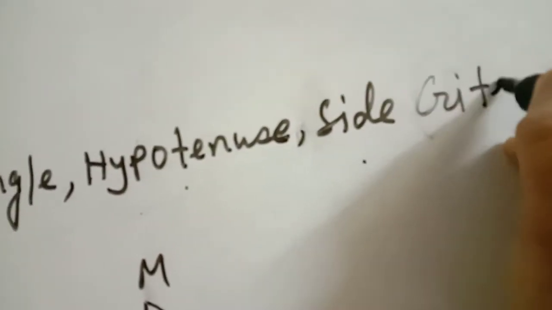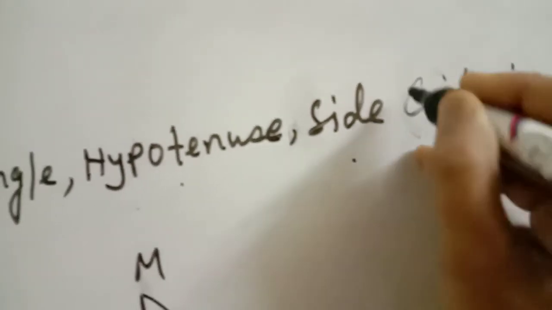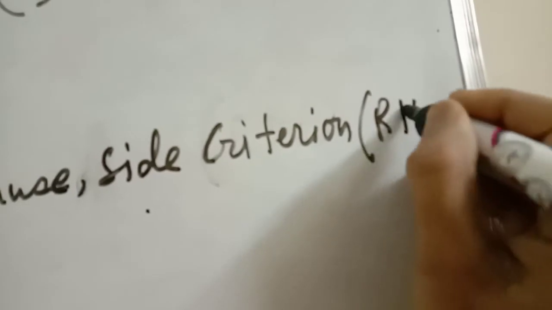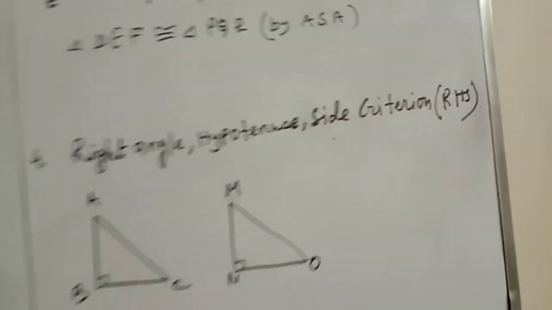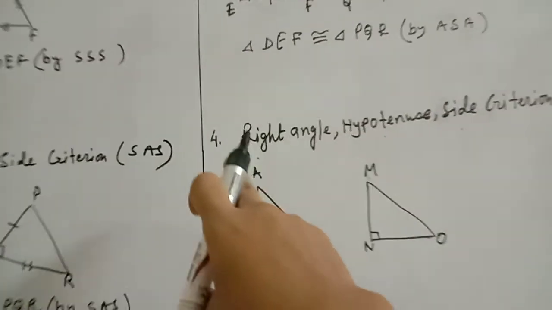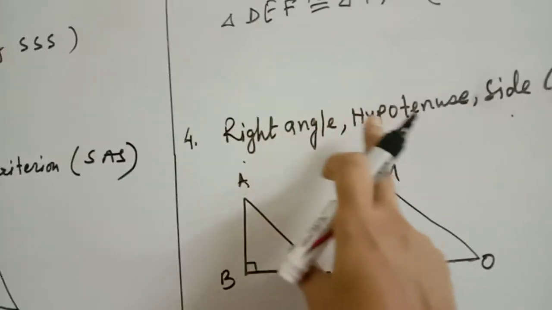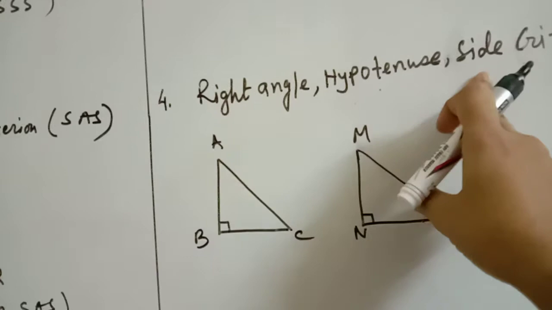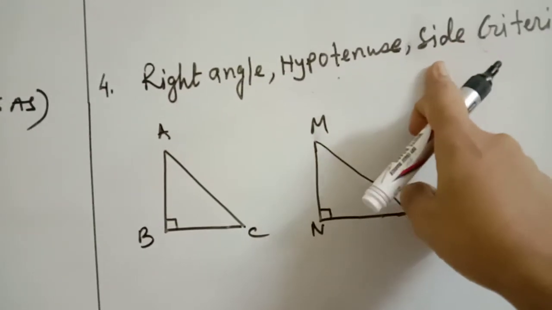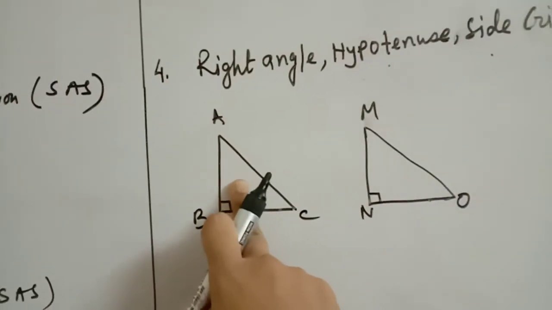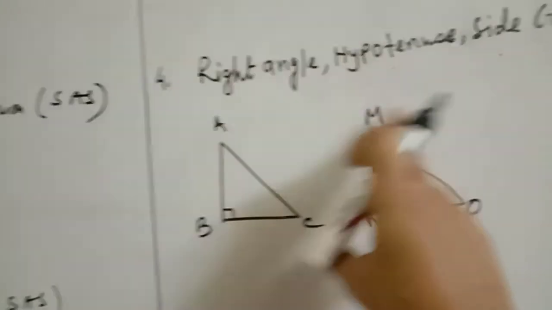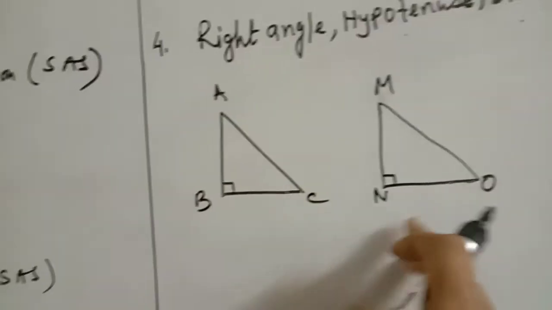In short, you can write RHS criterion. By this name you can understand that we need a right angle triangle here, because right angle, hypotenuse and any one side of one triangle is correspondingly equal to the hypotenuse and one side of the other triangle.